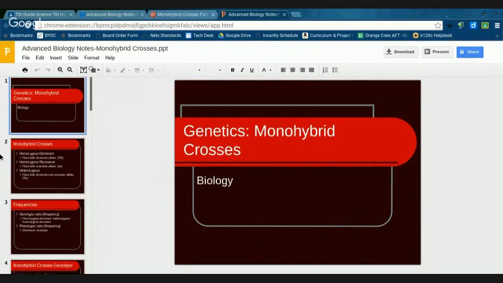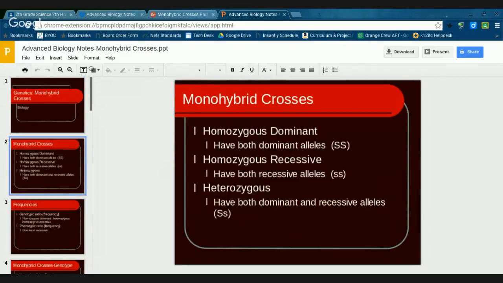We'll go ahead and get started with a couple more terms. We've got homozygous dominant, which means that you have both dominant alleles. I didn't change that, I probably should have. So you've got two capital letters.